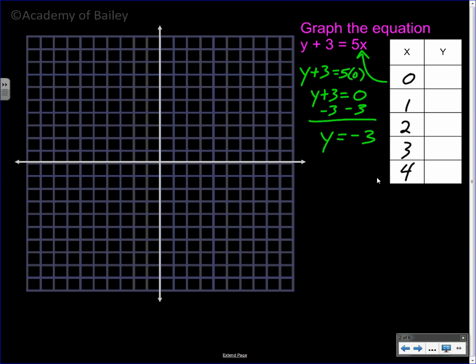So if x equals 0, y equals -3. To plot that, remember we always start at the origin. From the origin, we go left and right 0, and down 1, 2, 3. That is the ordered pair we just calculated, (0, -3).